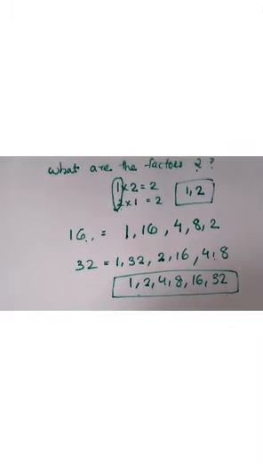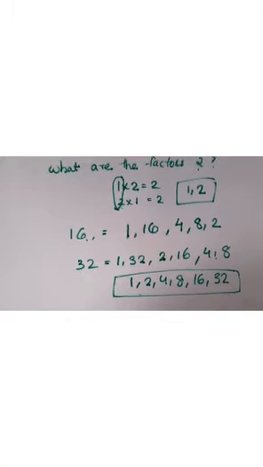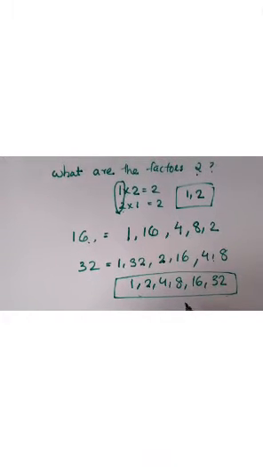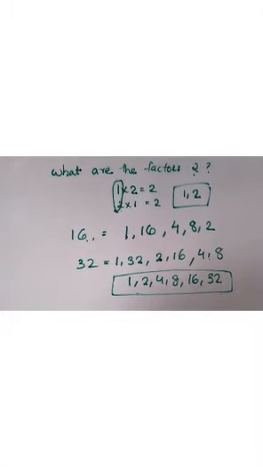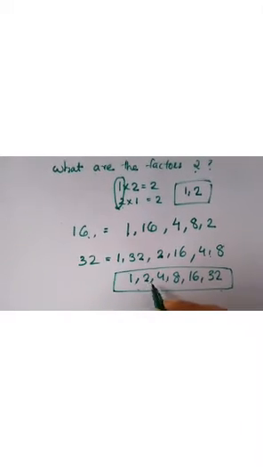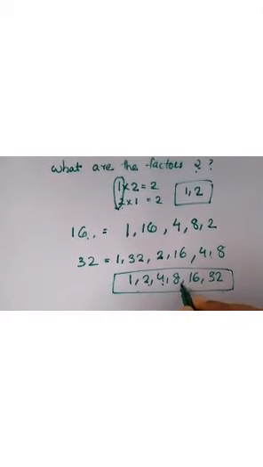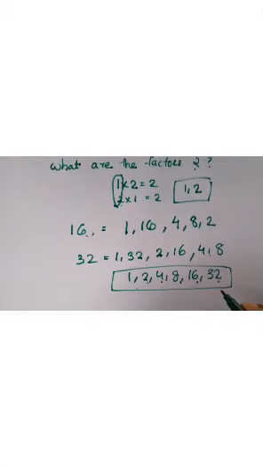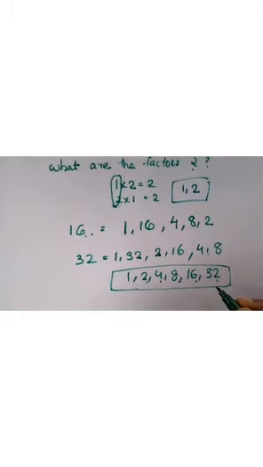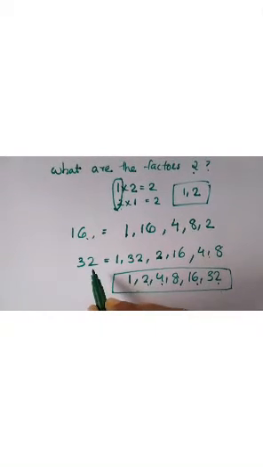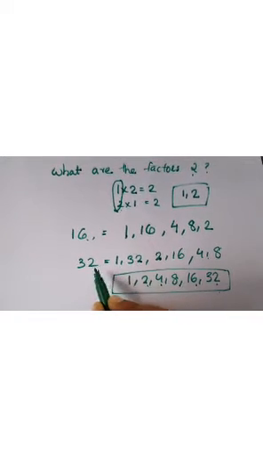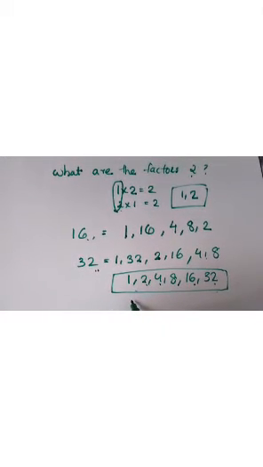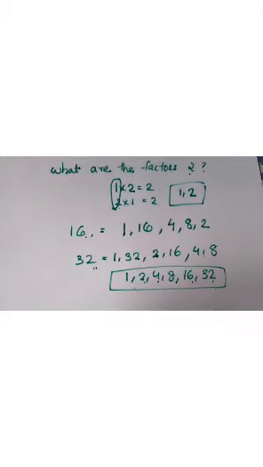Then we can express a factor in terms of a power. Let's see, 1, 2, 4, 8, 16, 32. These are the powers of 2. So we can write the factors of 32 in terms of powers.